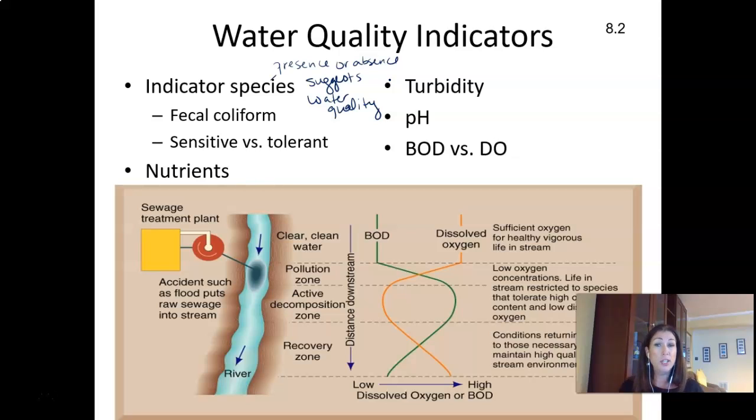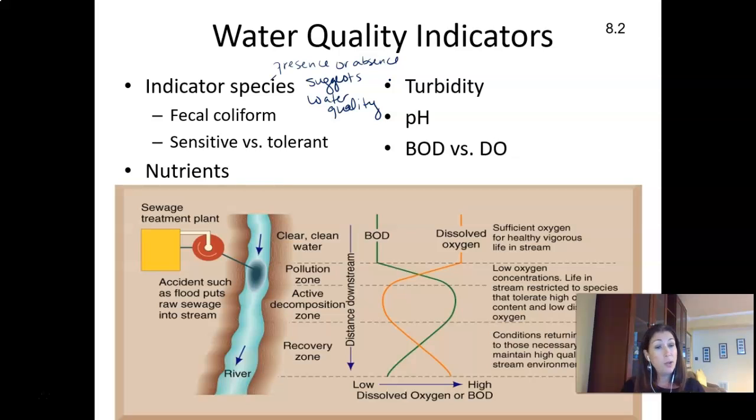Another thing that we can take a look at is whether or not the species that are there are known to be sensitive or tolerant to pollution levels. There are things like leeches that are very tolerant to water quality. They can live in very low oxygen and relatively high pollutants. So if you see nothing but a lot of leeches, then that's a sign that the water quality is not good.